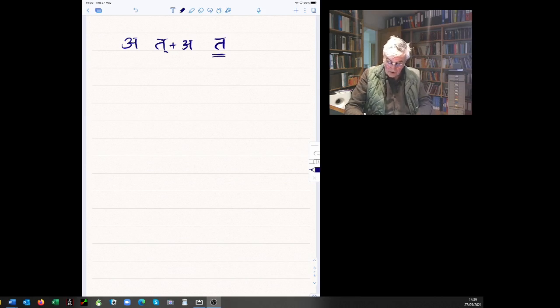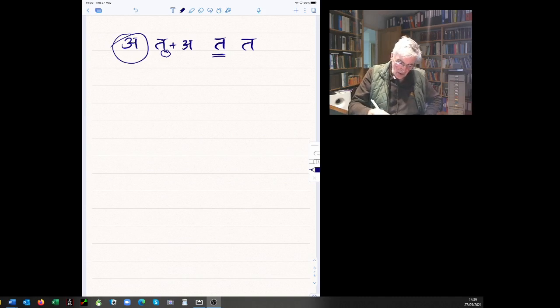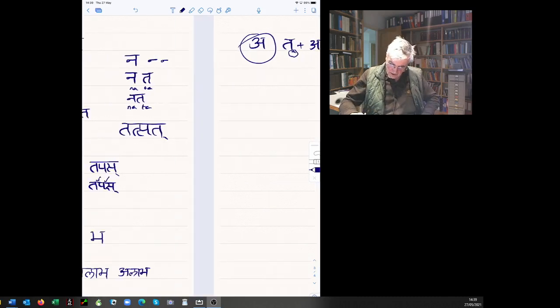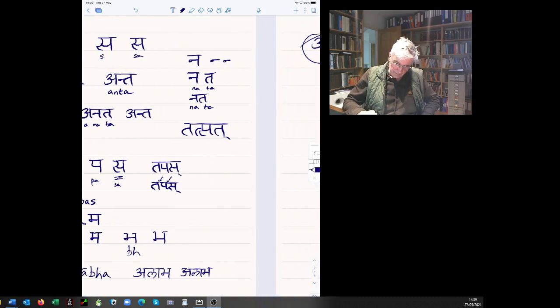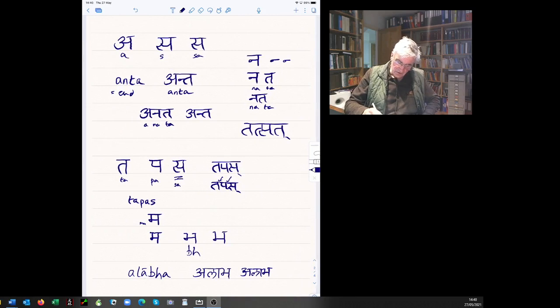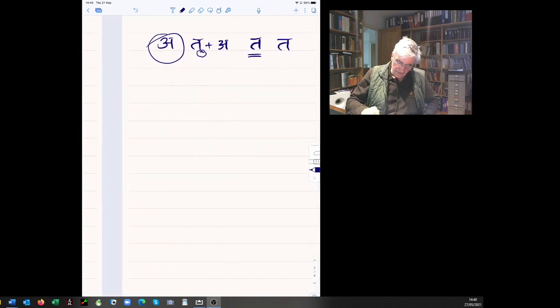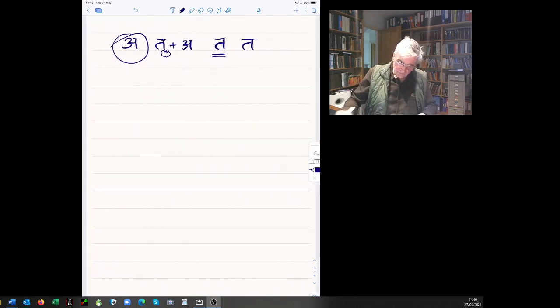Because, as we've said, without this virama here, writing the consonant in this way, it has the inherent a there. So you never need to write this separate vowel a after the consonant, because it's already there. You only write it if it's at the beginning of a word, as we said with anta on the previous page. Now, that's for the short a.